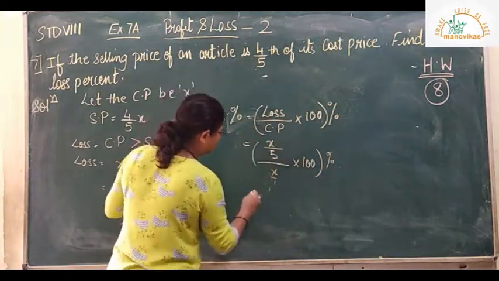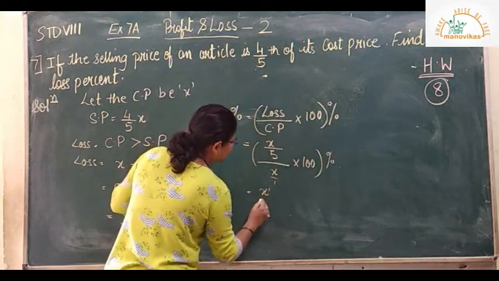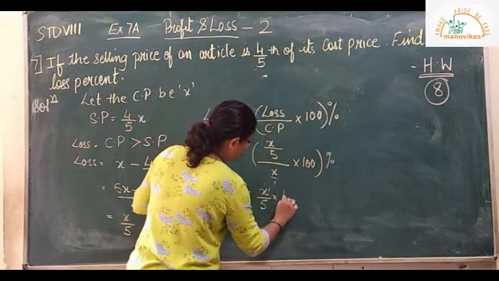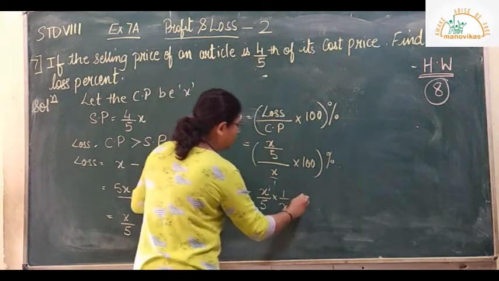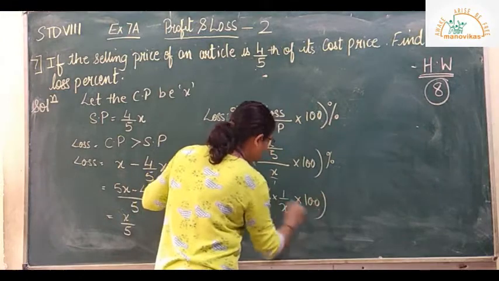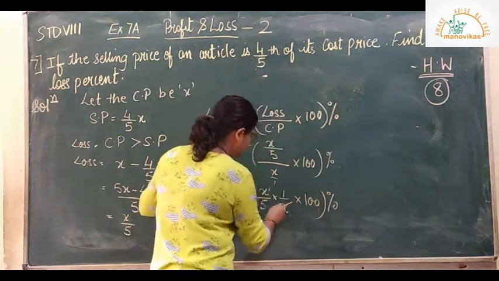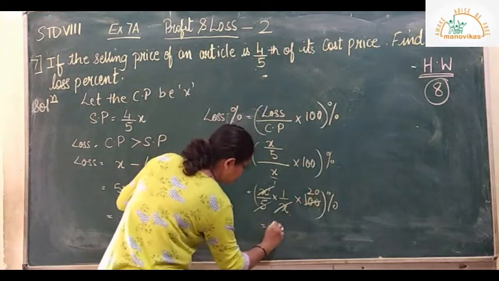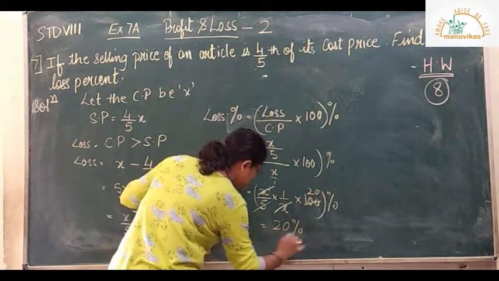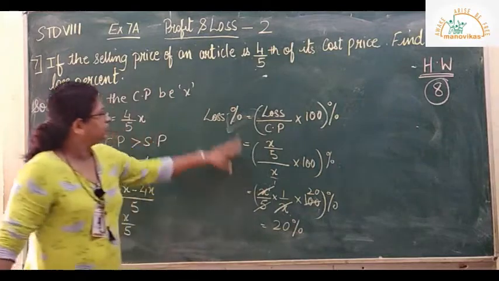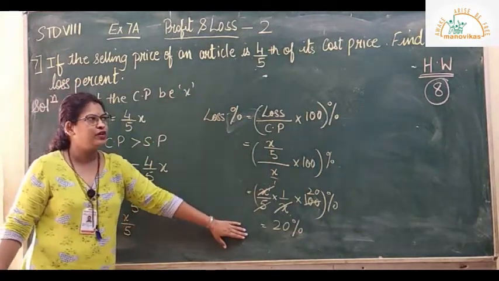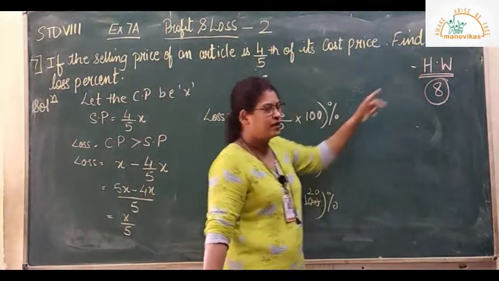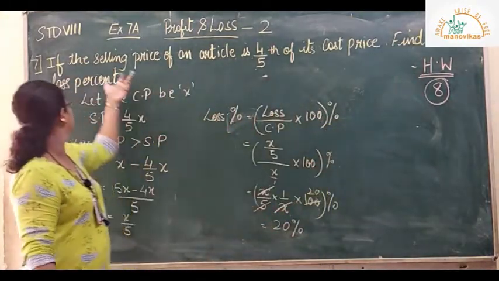When I take it to the numerator, it will be x divided by 5 into 1/x into 100%. So x will get cancelled here. 5 ones are 5, 5 2s are 10. So I get it as 20%. So loss percent in the whole transaction is 20%. Sum number 8 you can try out for homework, since it is similar to sum number 7.